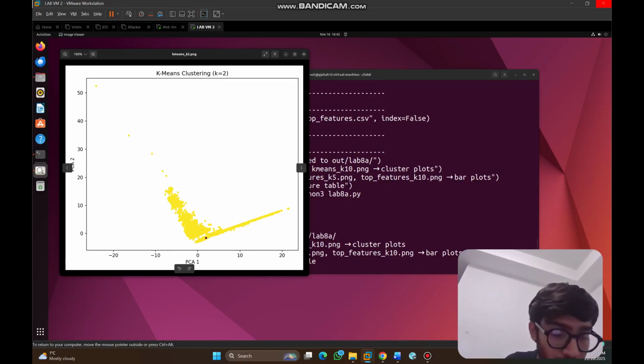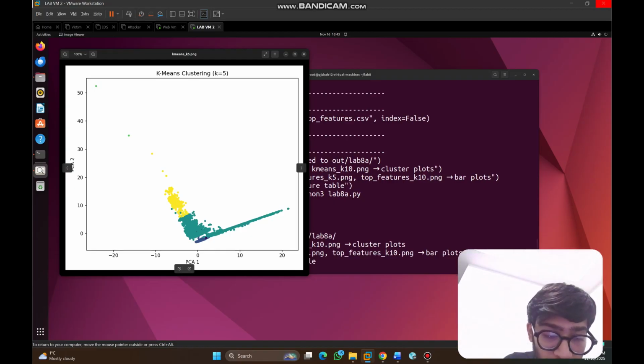So this is k=2, then this is k=5, where the dataset splits into smaller and more detailed subgroups, as you can see over here, and the clusters represent different types of network activity. The separation becomes clearer for some clusters while others overlap significantly, indicating mixed traffic behavior.